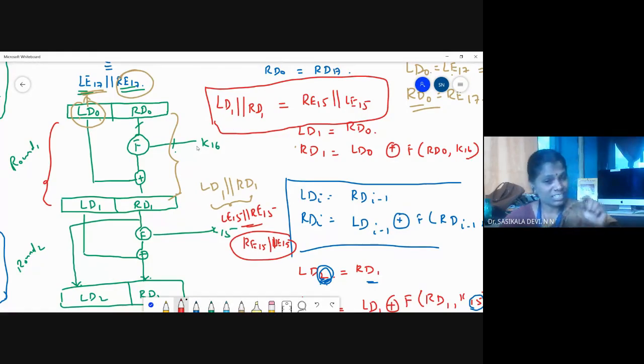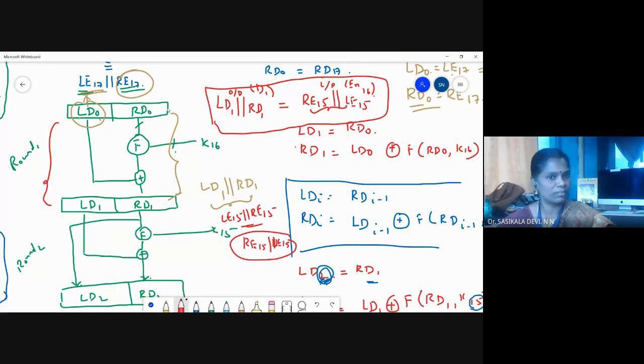Can you understand the reason for this proof? The first decryption round should undo the effect of the last encryption round. So this is an input of the last encryption round 16, and this is the output of decryption round 1. But here we have the swap because finally we are going to do swapping.